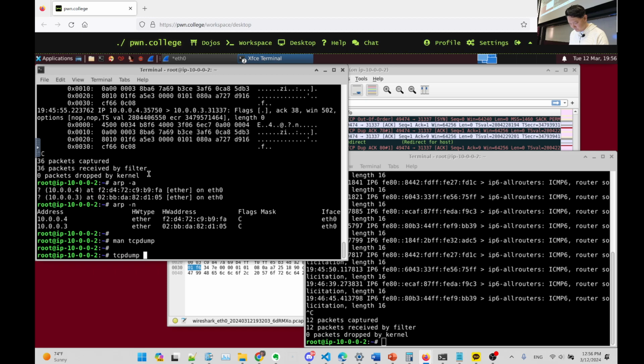tcpdump, interface is eth0, and we can also use the hex view for analyzing, and we can save the file name as a pcap file.